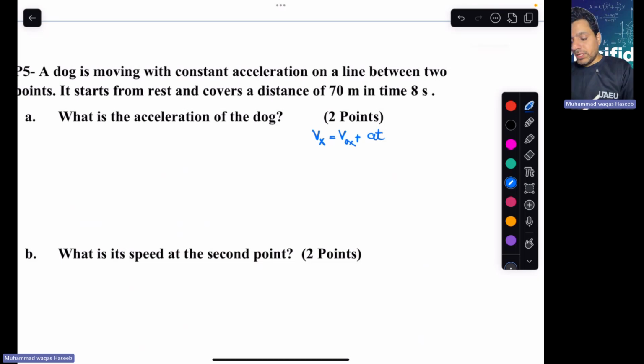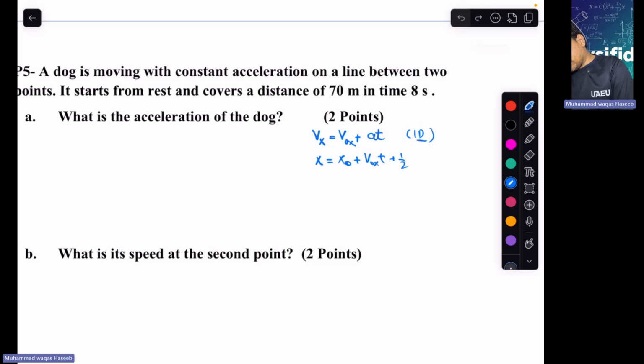Your second equation of motion, this is along 1D, or we can generalize it to 2D and 3D, along x or along y. So you can write x equals the initial position x naught, plus v naught of x times t, plus 1 half a t squared.